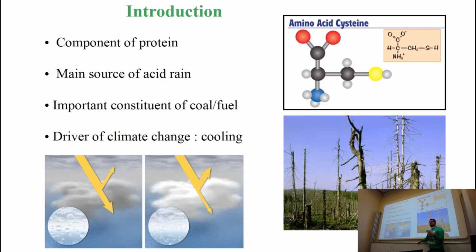So when sulfate gets into the atmosphere, it reacts with water to form sulfuric acid, and that is coming from fossil fuel burning. Okay, so it also has a feedback on the carbon cycle through climate. It has an effect on the temperature of the Earth through this cooling effect, which we covered in the climate lecture series.